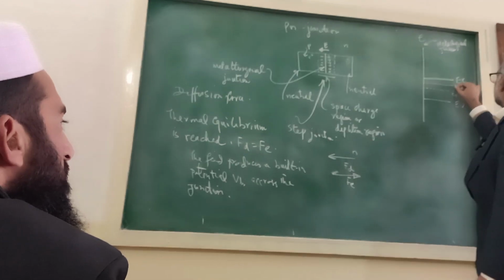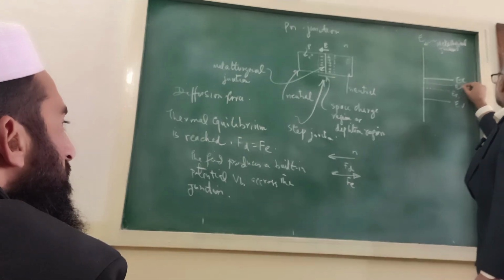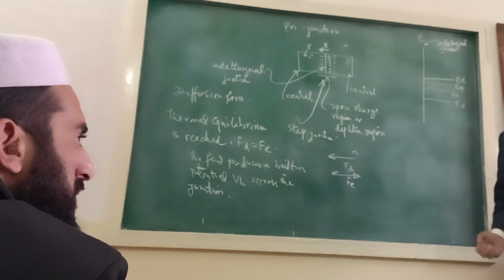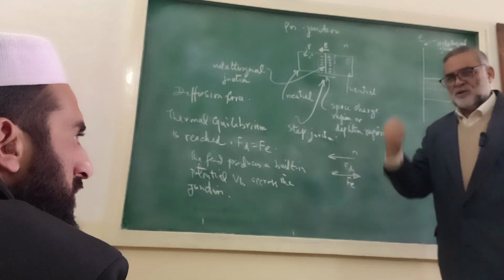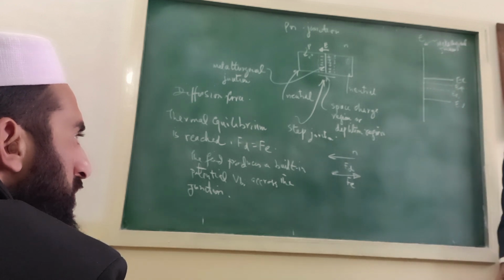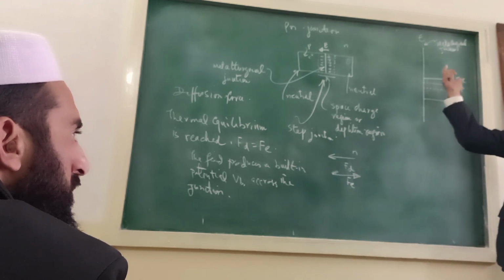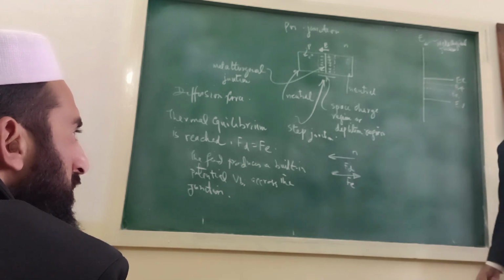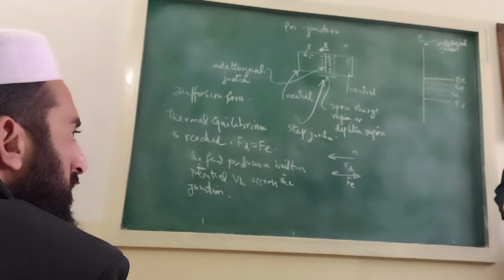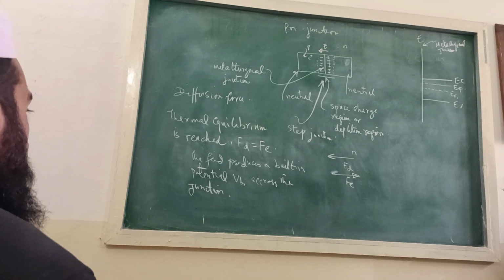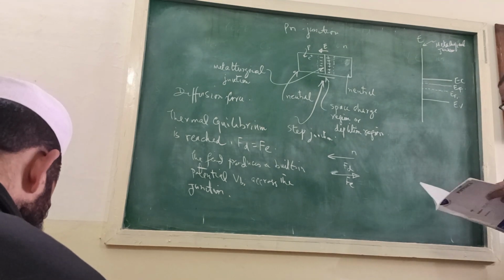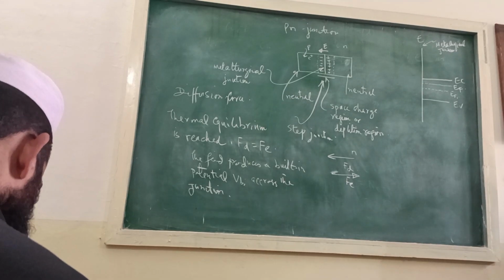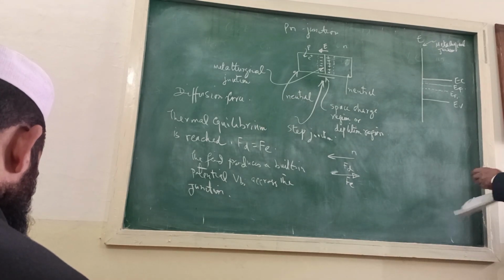This is N-type material, so the doping causes the Fermi level to move up for electrons, closer to the conduction band. The Fermi level moves with doping. Okay, so it is like this.